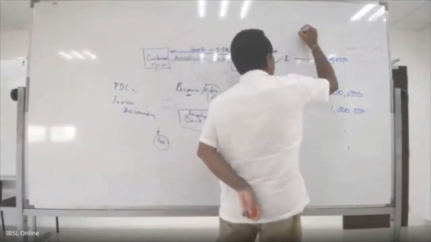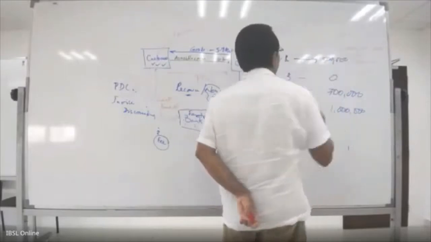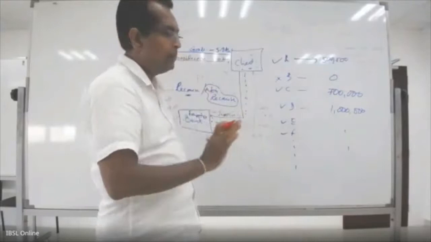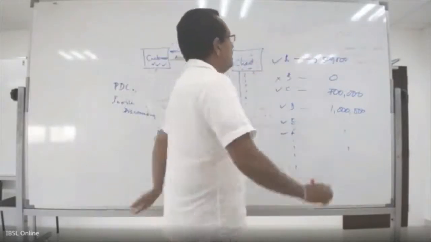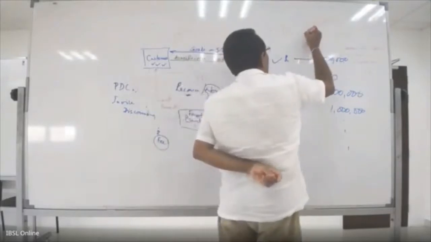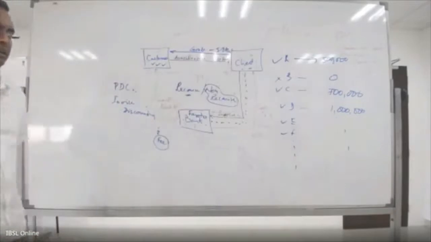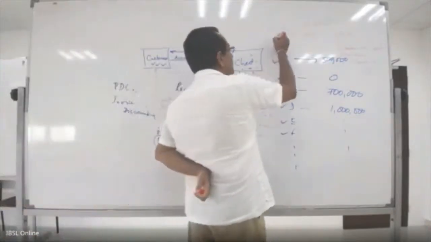I will say each customer will have only 500,000. So I am dispersing my risk. I am taking a risk of a customer only 500,000, not more than that. Each check should not exceed 50,000. That is my limit.